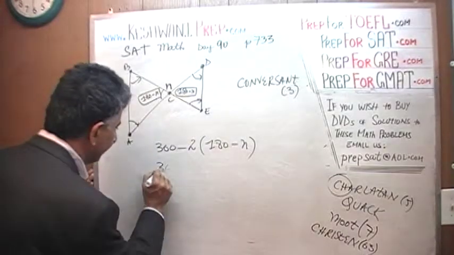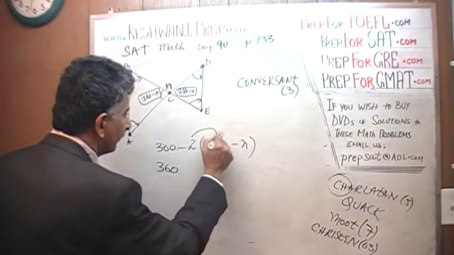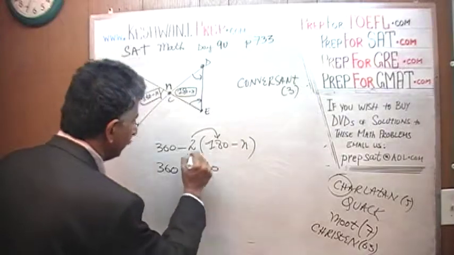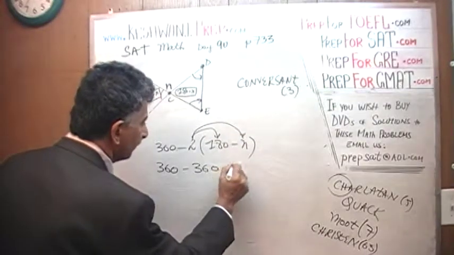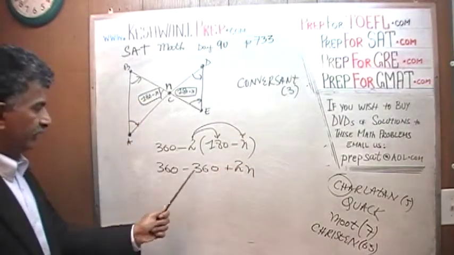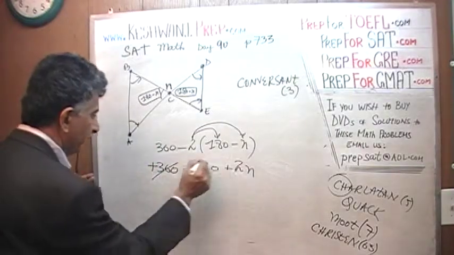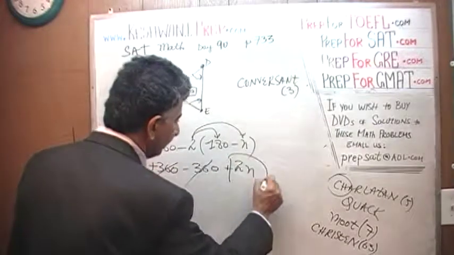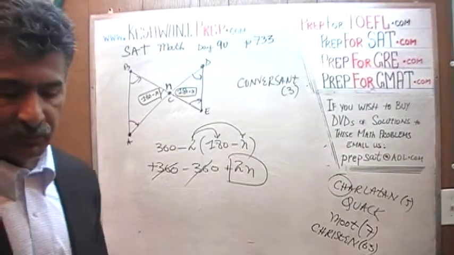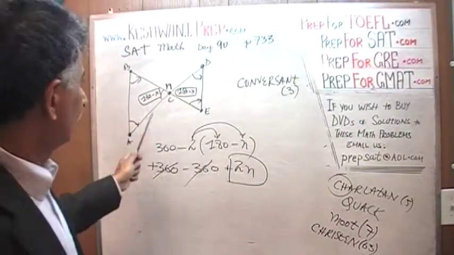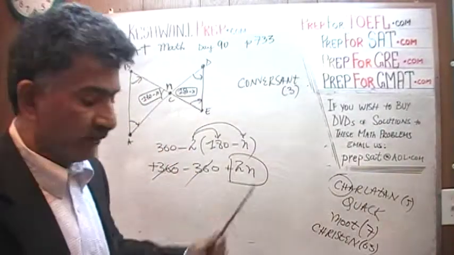Open the parentheses. Negative 2 times 180 gives us negative 360. Negative 2 times negative n gives us positive 2n. Negative 360 and positive 360 right here will cancel out. And the answer is that the sum of the measures of these four angles marked with the arrows is 2 times n.